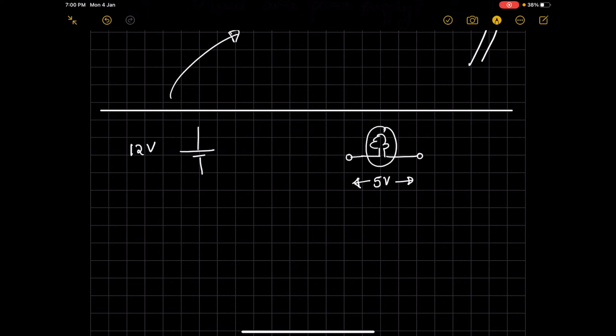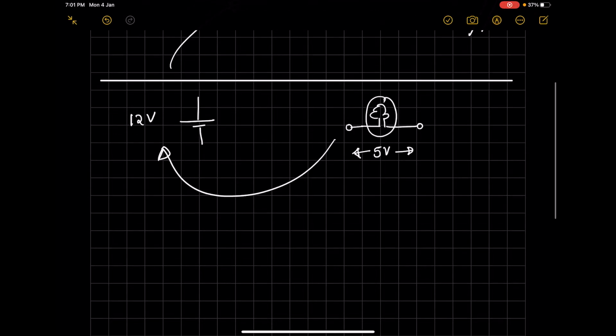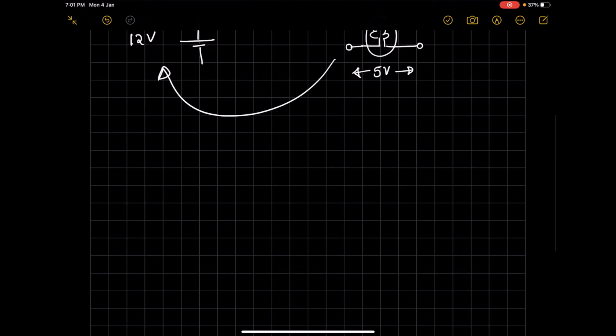As an engineer, you have to find a way to drive this bulb from this 12-volt supply. The very first thing that comes to most of our minds is to use a voltage divider network. I mean, it's not a bad idea, so let's see how to do that.